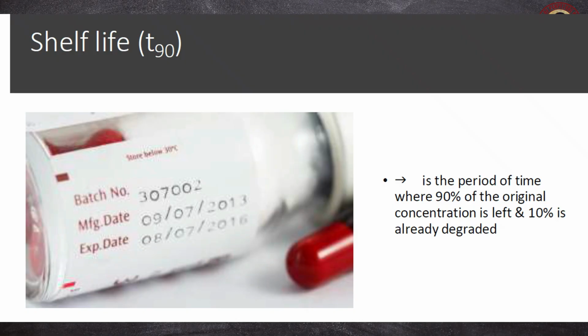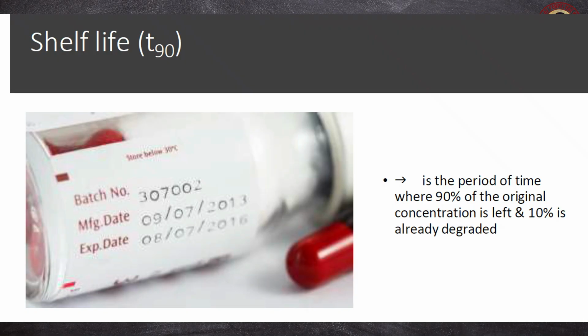If you look at the image, the expiration date printed on the label is based on this concept. That's the manufacturer's assurance that the product, when properly stored, will still meet its quality, purity, and potency until that date. In pharmaceutical formulation and stability studies, determining T90 is crucial.